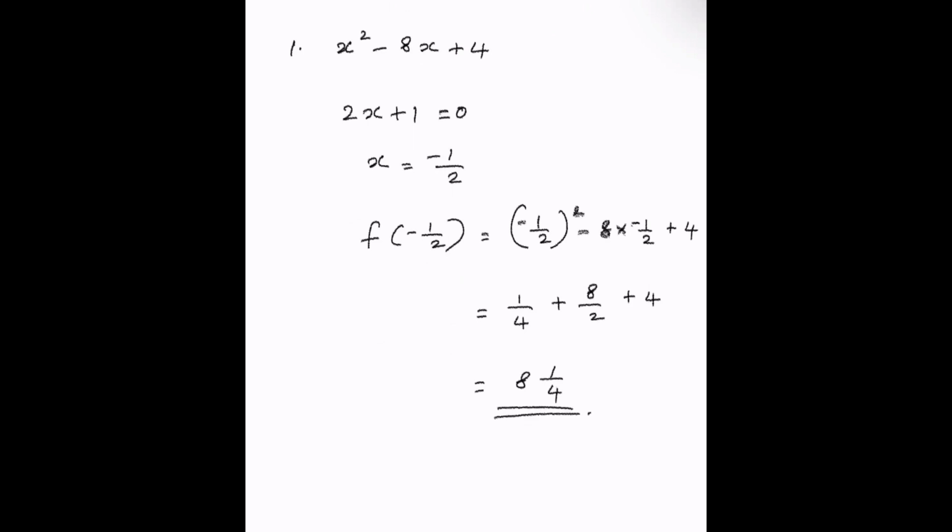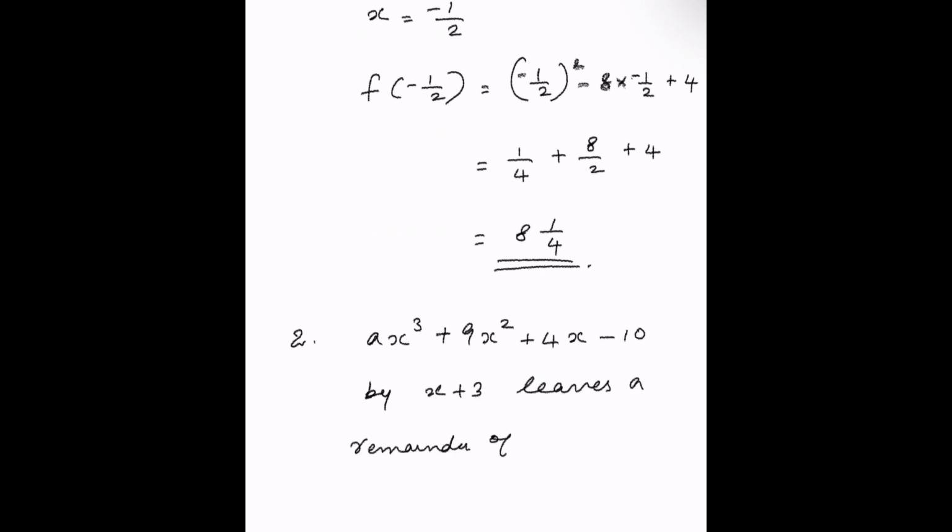Next question. Find the value of a if the division of ax cube plus 9x square plus 4x minus 10 by x plus 3 leaves a remainder of 5.